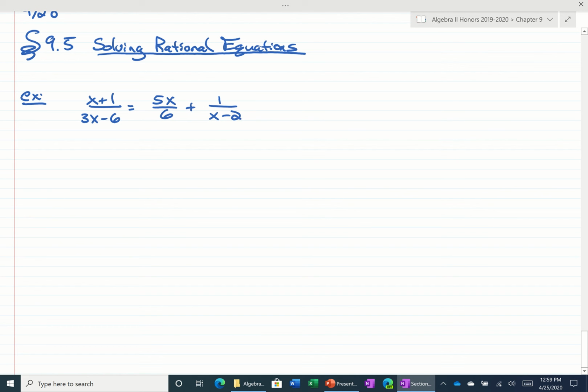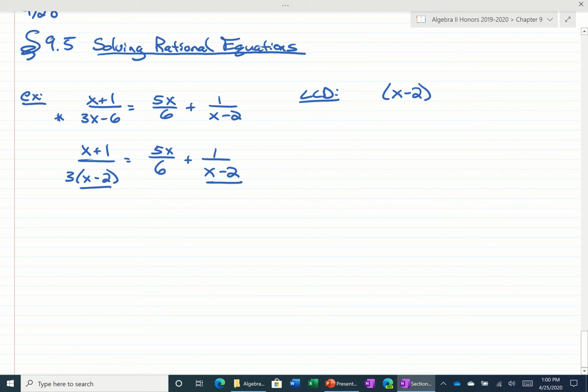Now, just like all these problems, first step is we need to figure out our least common denominator, but I do notice that this could be factored. So let's factor. That might help us in figuring out a least common denominator. Alright, so I definitely need an x minus 2 because that has it and this has it. Now between 3 and 6, the least common denominator would be 6, right?